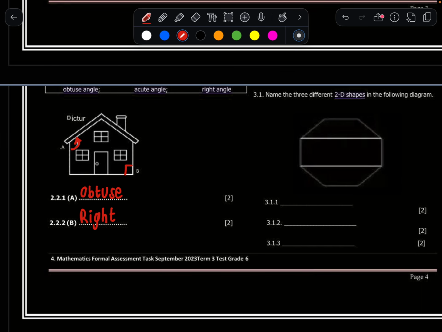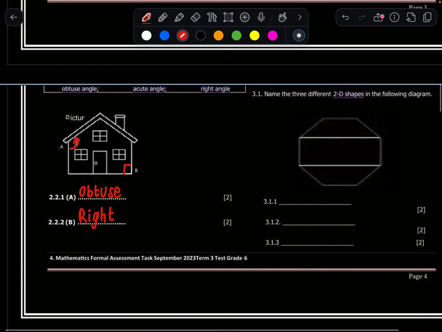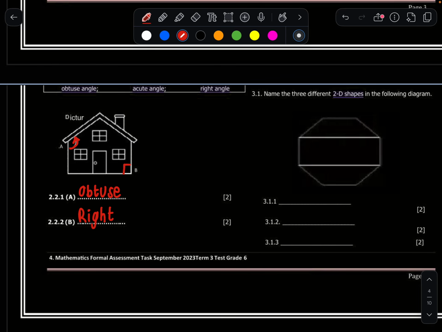Question 3.1. Name the 3 different 2D shapes in this following diagram. Okay, so first of all, the most obvious one in here is the rectangle. Then another shape that we have is this one here.